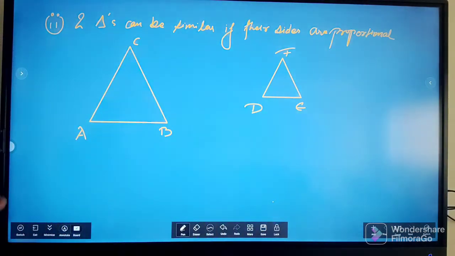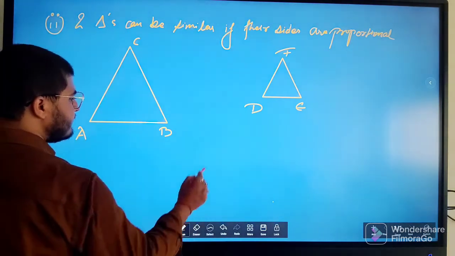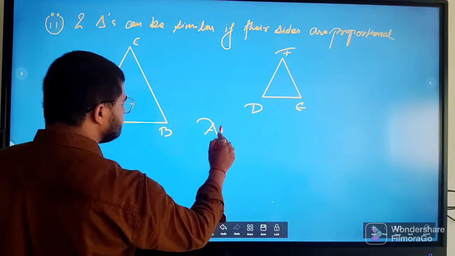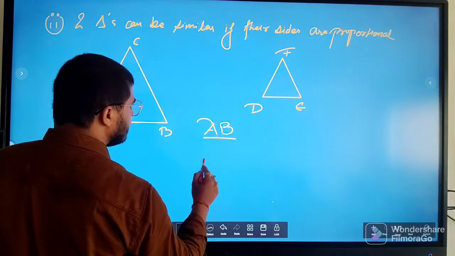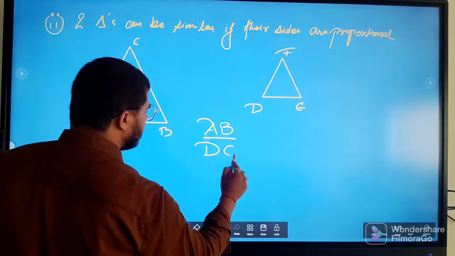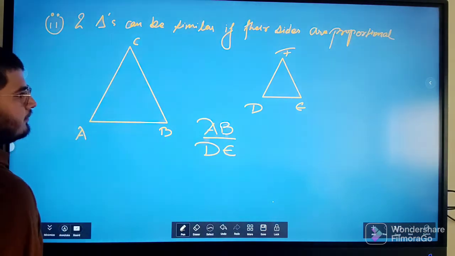So these two triangles can be said to be similar if their sides are proportional. By proportionality we mean that the ratio of their corresponding sides should be equal. So ratio of corresponding sides means what? If we are selecting AB, then we are going to compare it with DE.